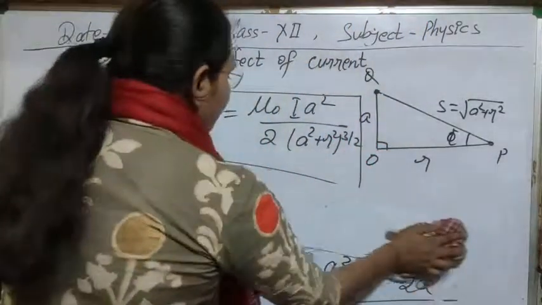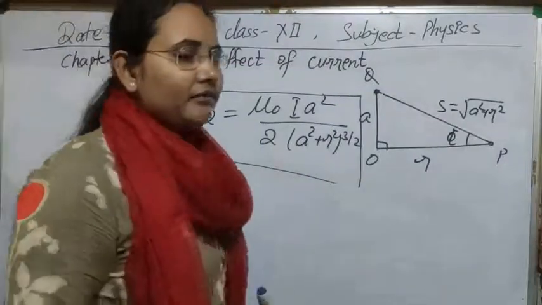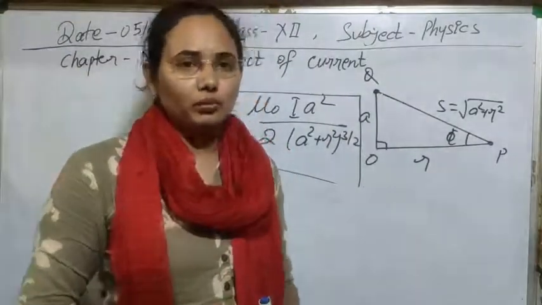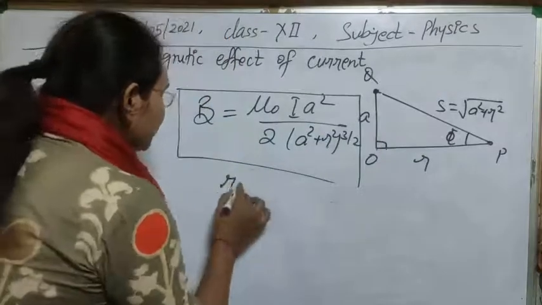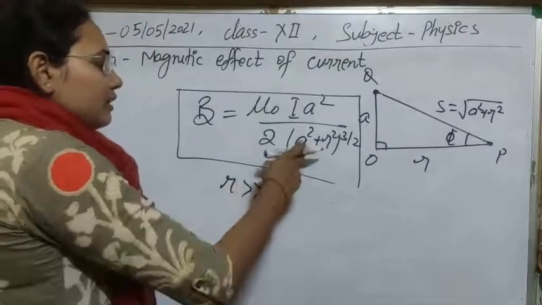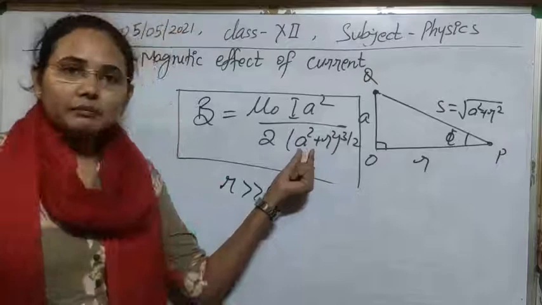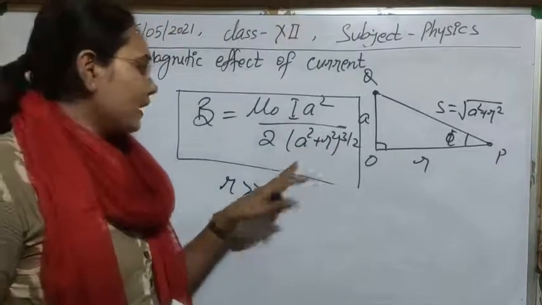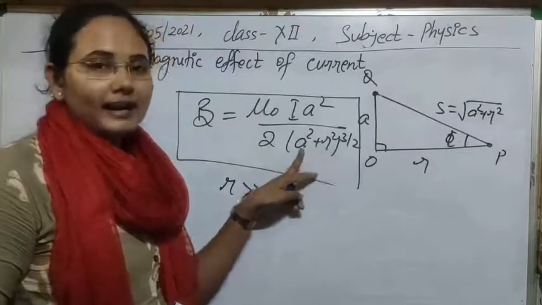In the second case, suppose point P is very far away from the circular loop. Then obviously R will be much greater than A. So in this expression, A square will be much less than R square, and compared to R square we can neglect A square.